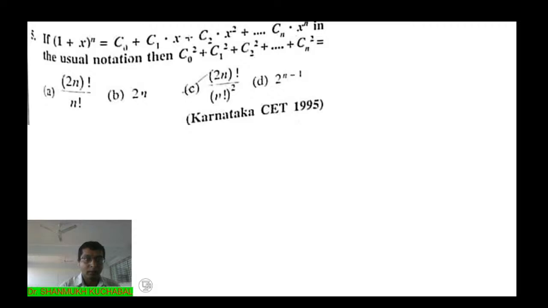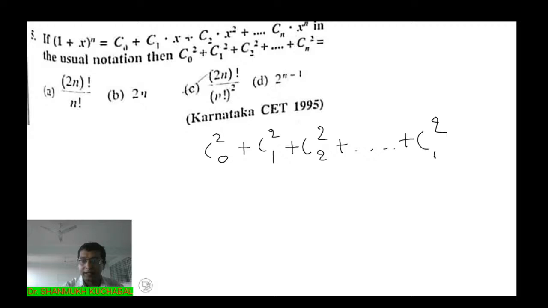Okay. Now directly we begin with the examples. First example: if 1 plus x raised to n equals C0 plus C1 x, C2 x square, plus so on, Cn x raised to n, then with the usual notation we have to find what is meant by 2C0, 2C1, 2C2, like that, 2Cn.